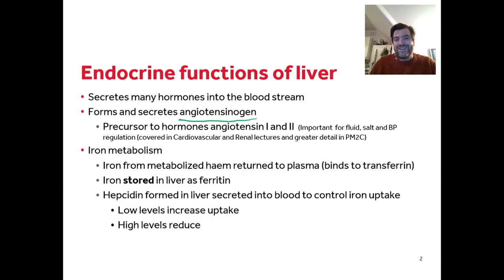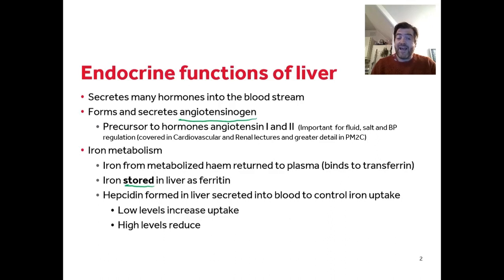Also, the liver has endocrine roles in iron metabolism. We've already spoken a little bit about iron recycling, but when metabolized heme is returned to the plasma, it binds to transferrin, and iron is also stored in the liver as ferritin.